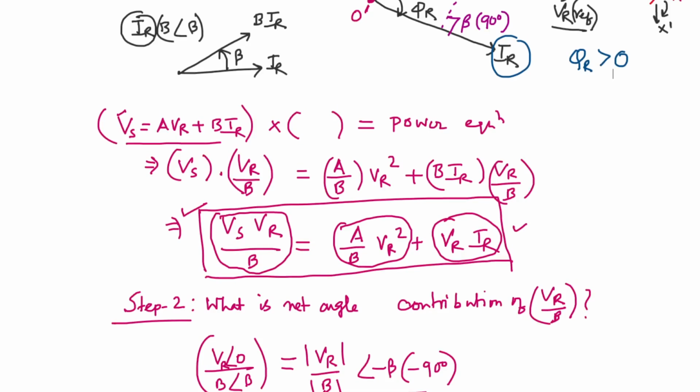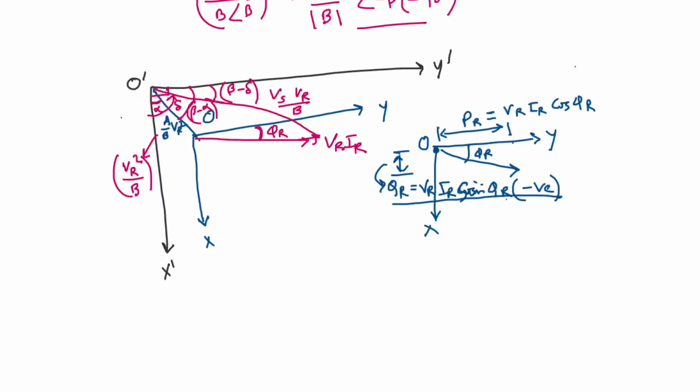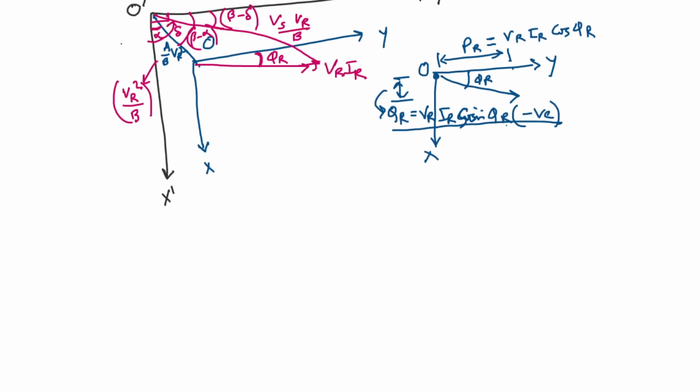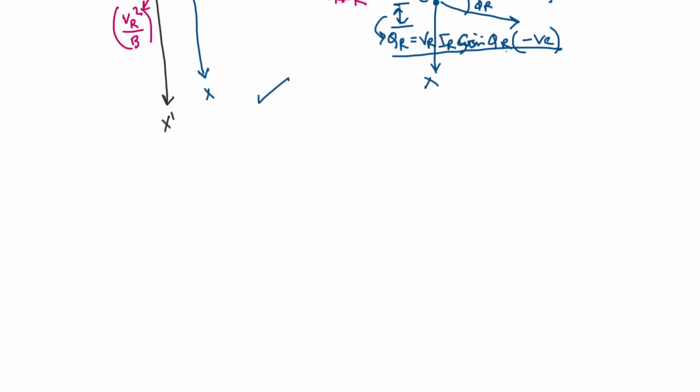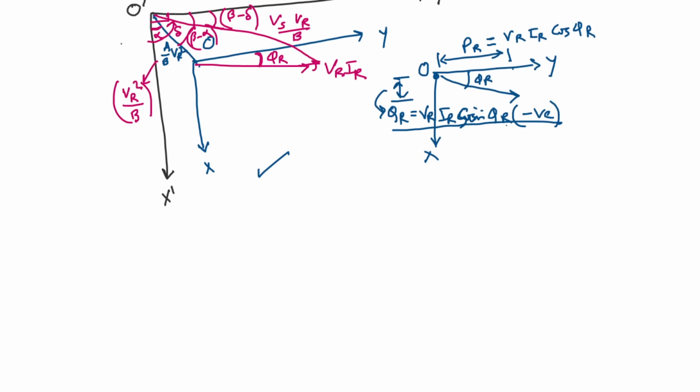But for inductive load, QR should always be positive, indicating the lagging VAR. So this is the only problem with this entire diagram. How it can be modified, that is step 3 for us.